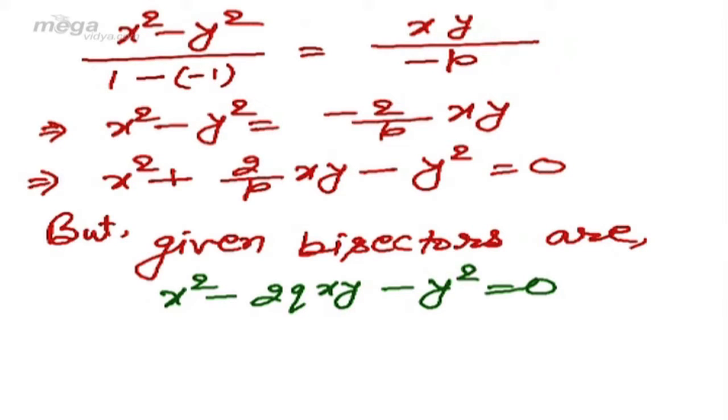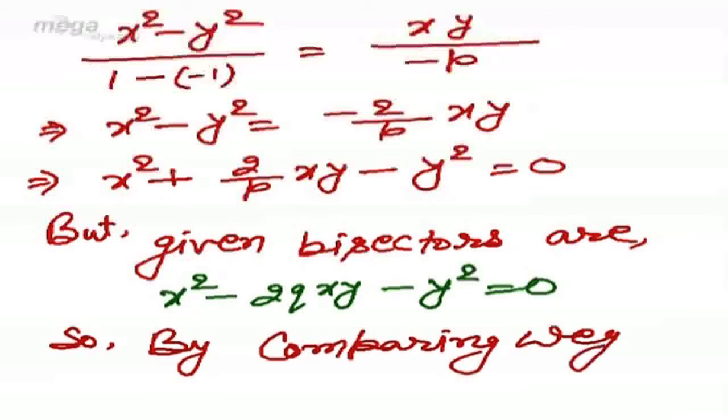So the coefficients of x², xy, y² from the first and the second should be proportional. The coefficient of x² is the same, 1 and 1. The coefficient of y² is the same, -1 and -1. So the coefficient of xy should also be the same. By comparing we get 2/p = -2q.